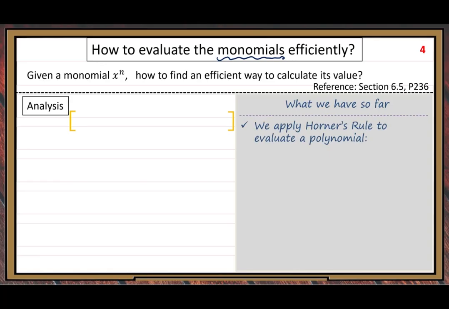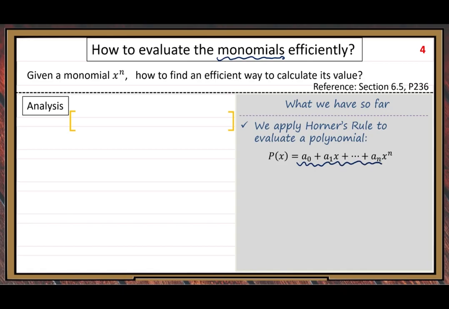When we apply Horner's rule to evaluate a polynomial, we have this main result. For a standard polynomial in this form, we do not put any condition on the coefficients.